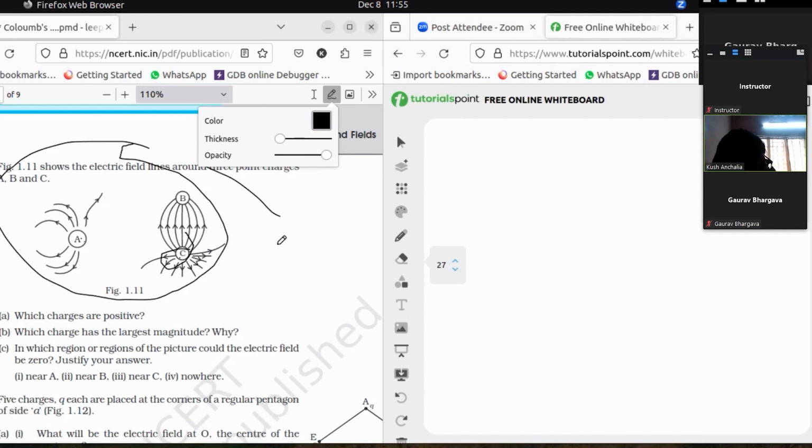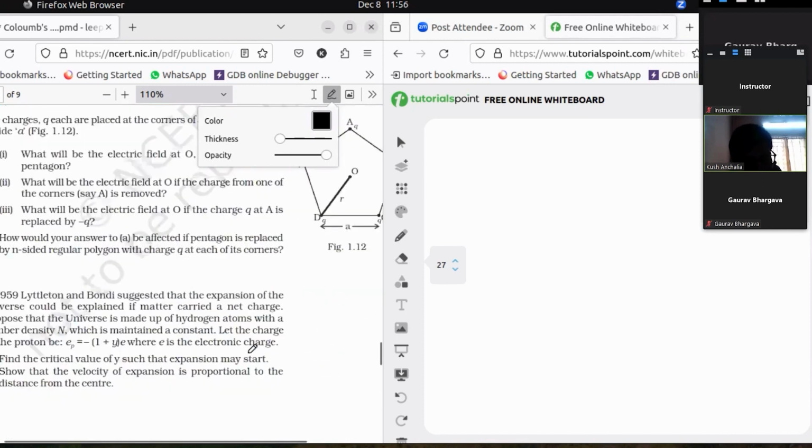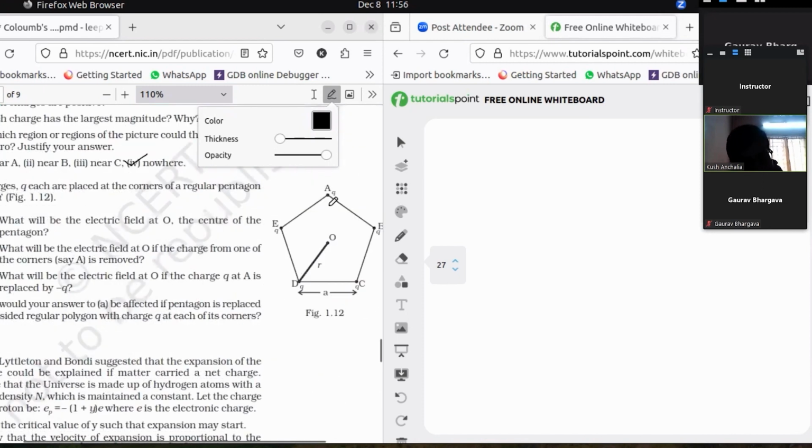Near A, no way. Near B, no way. Near C, nowhere. Nowhere is the only option, because they are not at the same position. With 5 charges placed here, the electric field is 0, because all are cancelling.